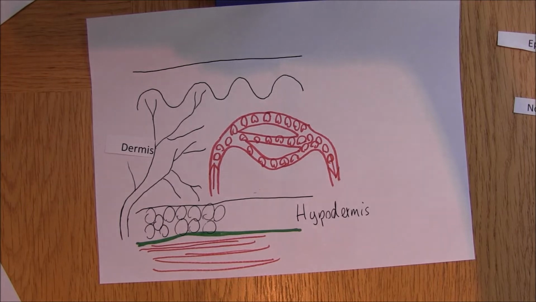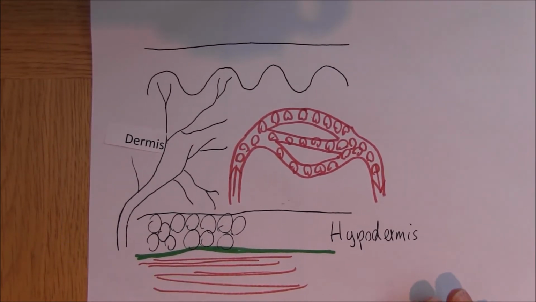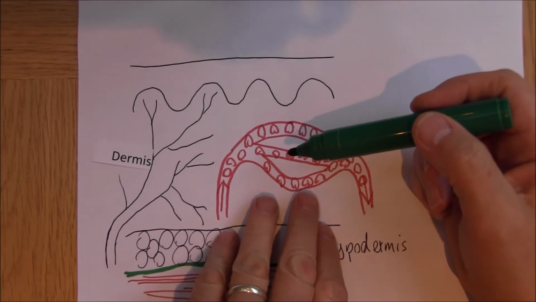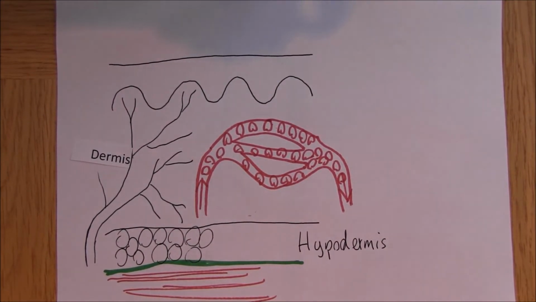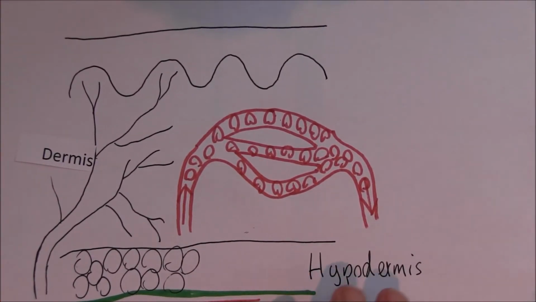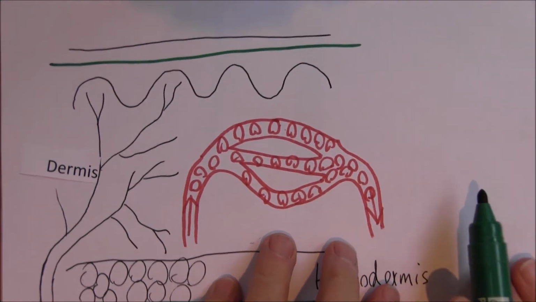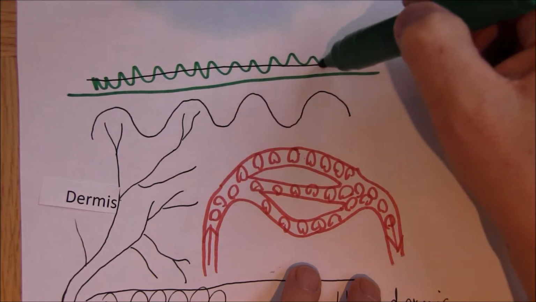Now these injuries we mentioned, the superficial injuries, are injuries where only the epidermis is affected. So a superficial injury might be something like that, where just the top part of the epidermis is burnt away.